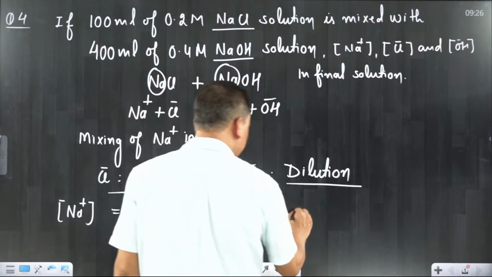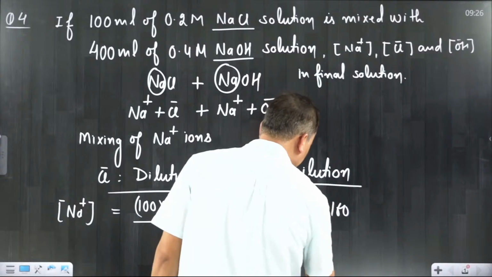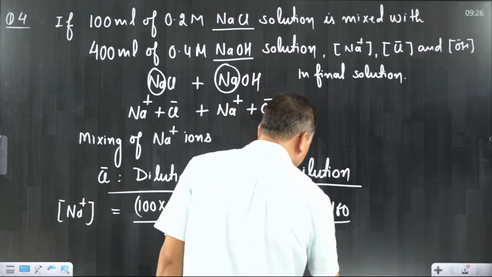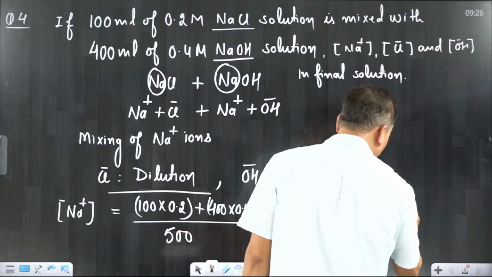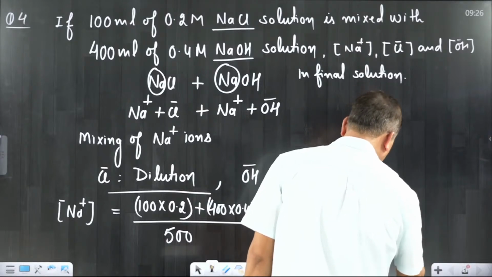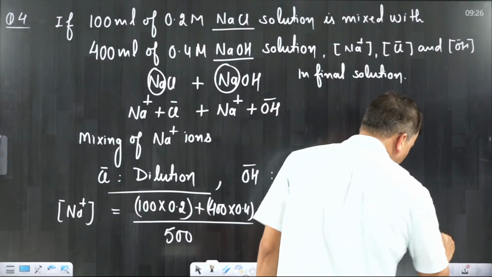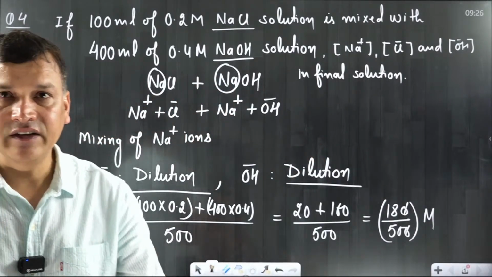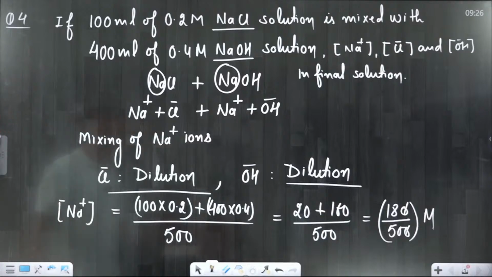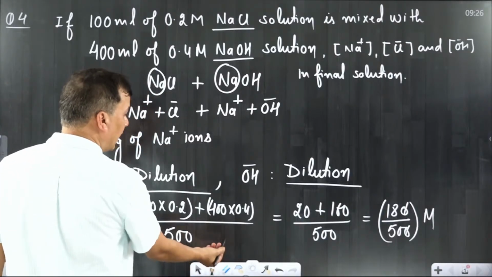So dear, here is 20, here is 160 I think, and divided by 500. That is equal to 180 divided by 500. So you can calculate molar concentration of sodium ions.